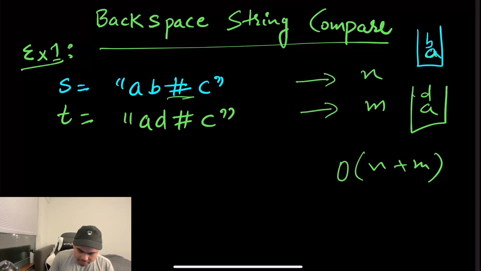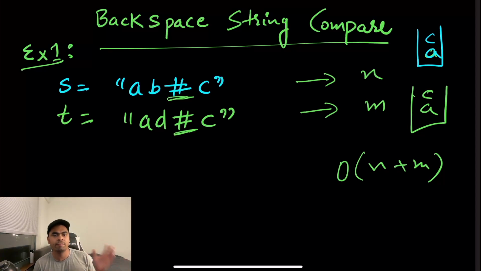But whenever it sees this pound key in both of them, it's going to get rid of this b, and then get rid of this d. And c it will add for this, and then c for this one. Finally we can just compare these remaining values in both stacks and return true.